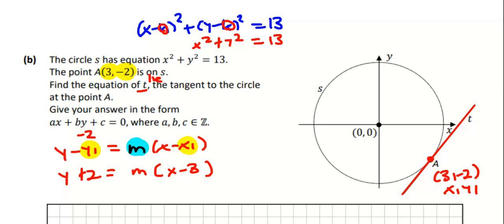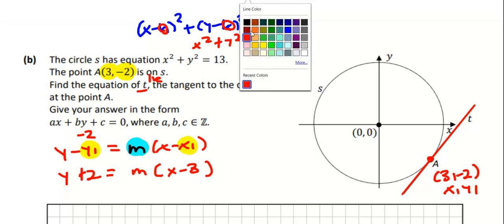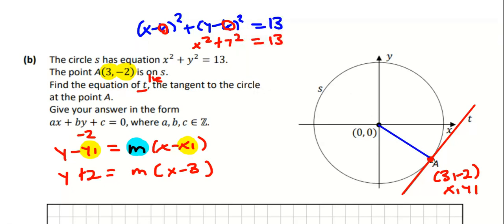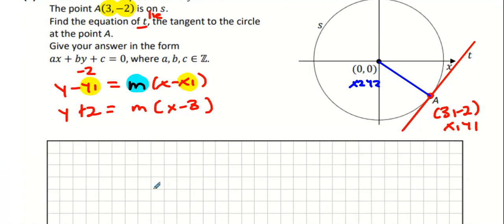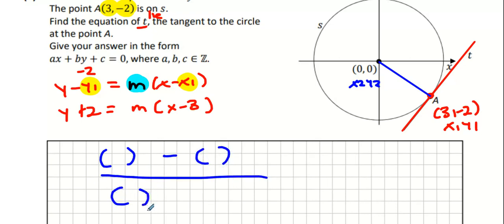Now, to get the slope, the trick with tangents is that they're always perpendicular to the radius line. Now, for the slope of the radius line, we can use 0, 0 all the way to 3, minus 2, and we can do the slope formula for this. That will equal our slope. So using our slope formula, it's y2 take away y1 over x2 take away x1.